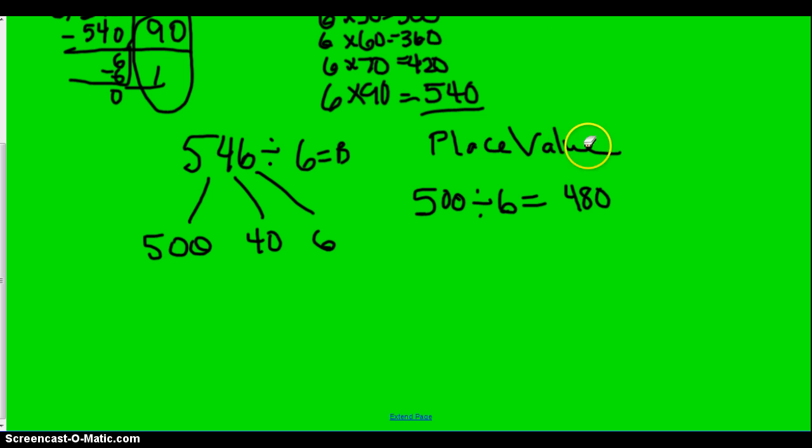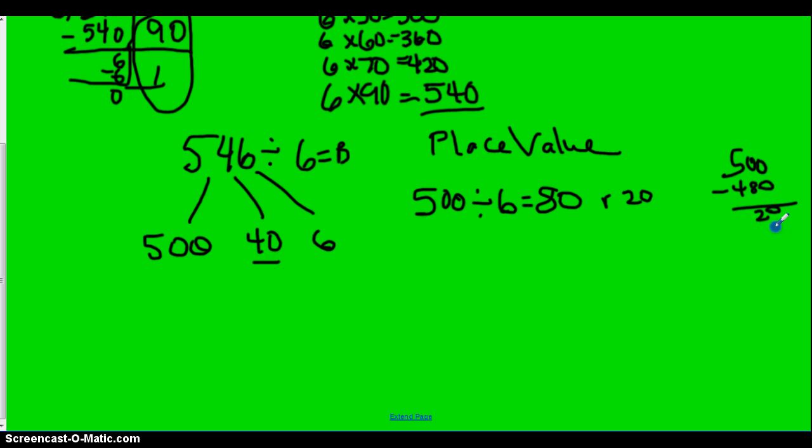Sorry, I made a mistake there. Okay. But I would still have 20 jelly beans left because 6 times 80 is 480, and 500 minus 480 is 20. So I've got to include that in the next.